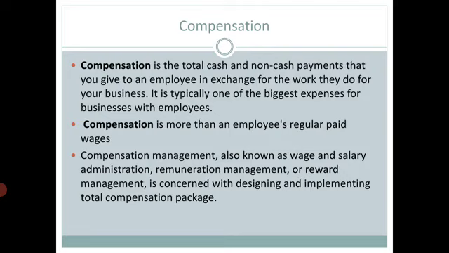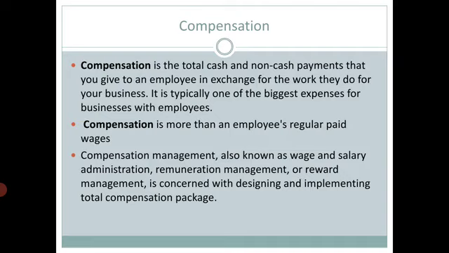And the other part is white collar workers. White collar workers are the office bearers, which means these workers work in offices and do mental work.